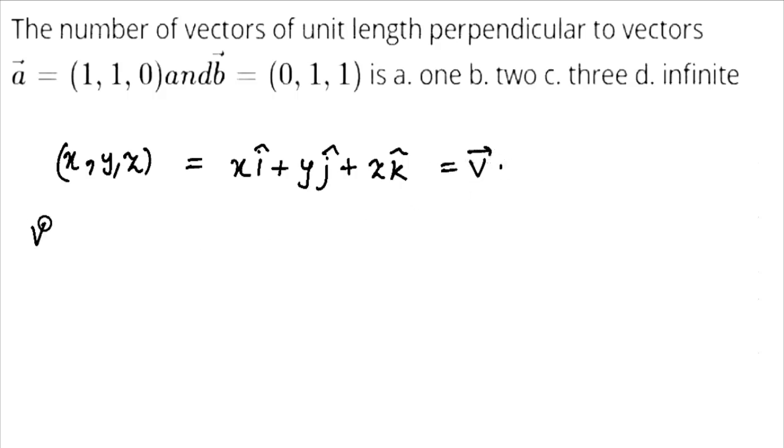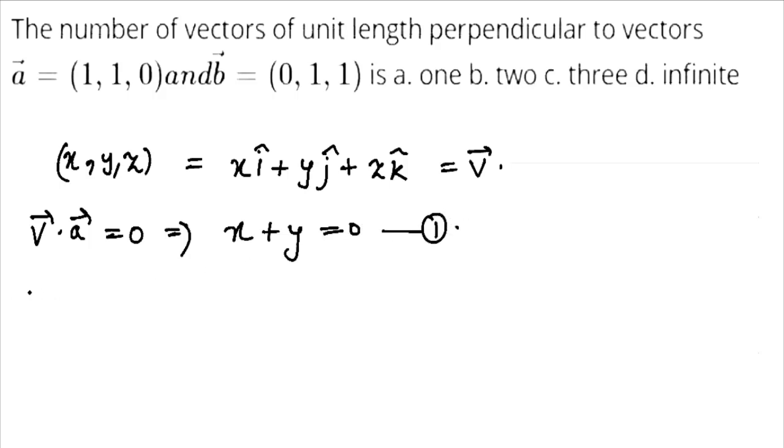So v dot a must be 0 because it is perpendicular to that. So what is v dot a? That is x times 1, x, plus y times 1, that is y, plus 0 times z, 0, equals 0. Call this equation number 1.